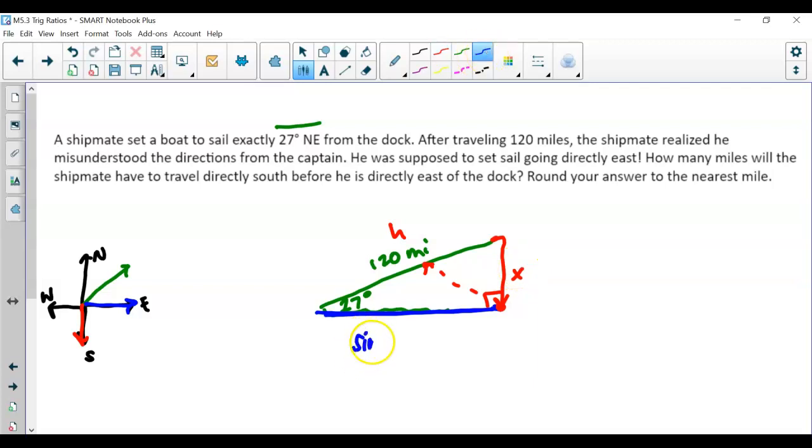So this is sine of 27 degrees, which is equal to opposite, which is x, to 120. So now notice here, all you have to do is just multiply by 120. So that means here, the approximate amount of miles that the boat needs to travel to south is approximately 54.5 miles, or you could put 54.48 miles.